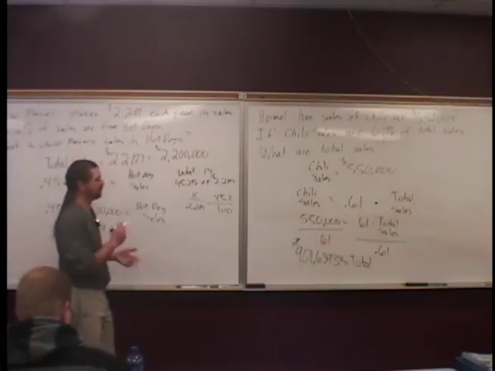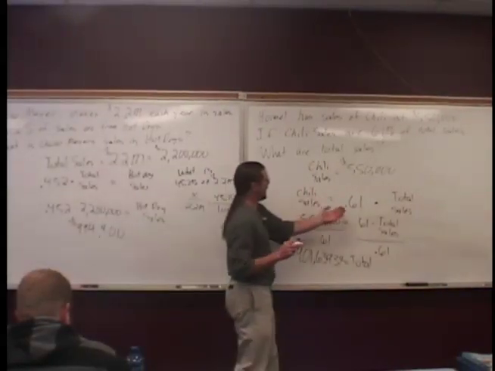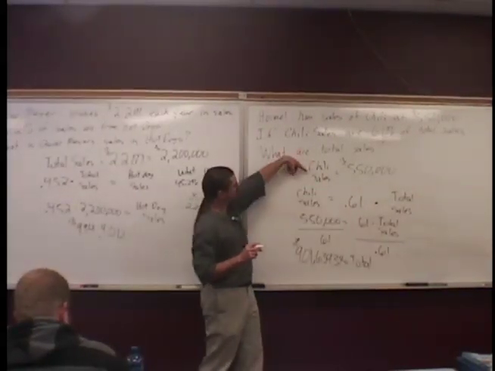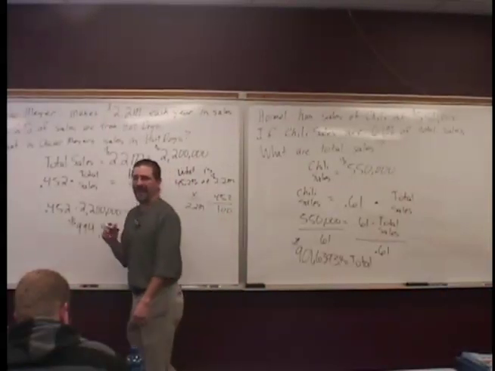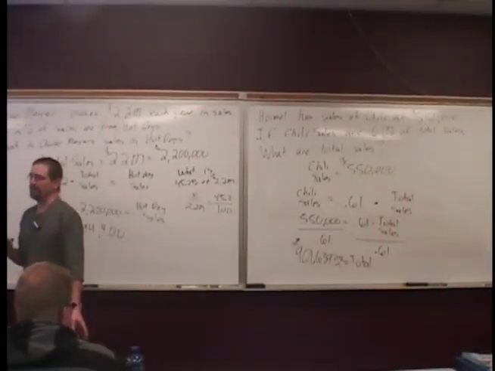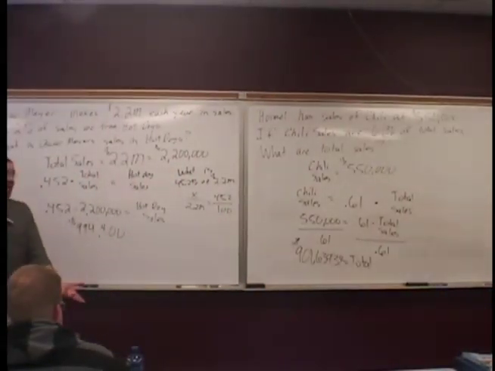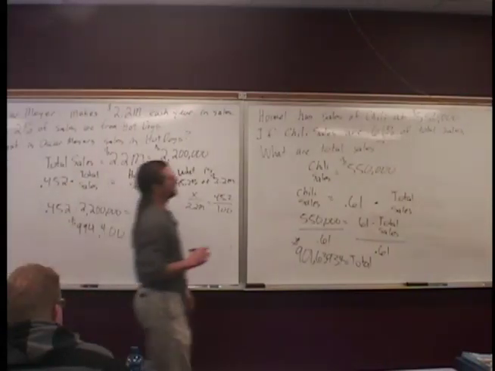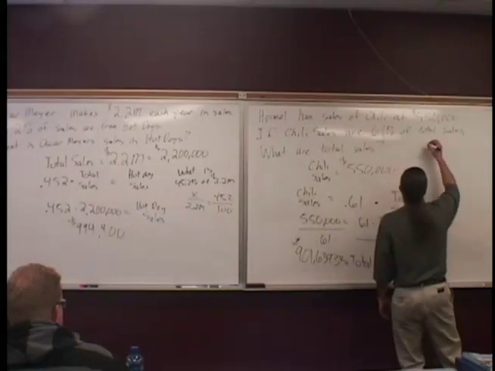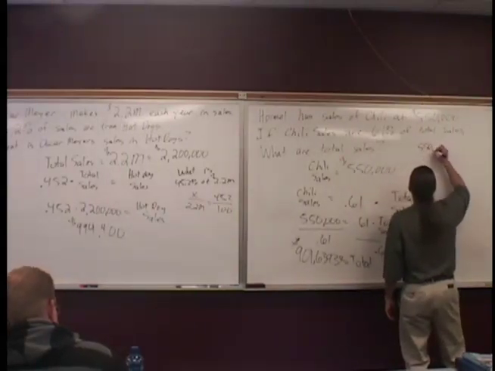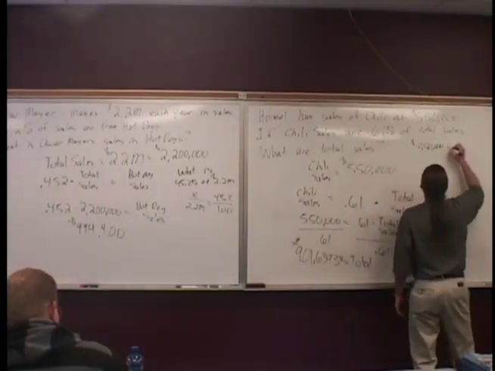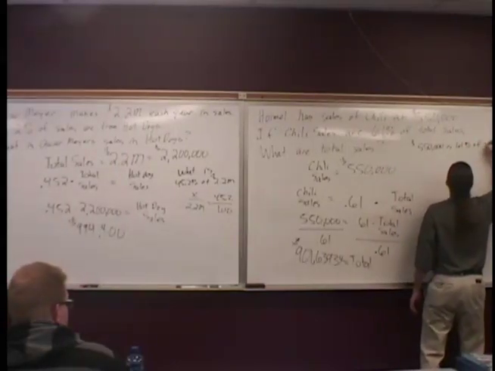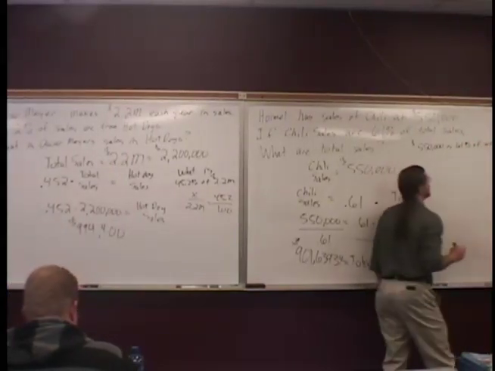All right. Again, please realize that what we started with, the chili sales, was the of, not the is. All right? And this is when you divide as opposed to multiply. So the key here is realizing that the is over of is written as $550,000 is 61% of what?